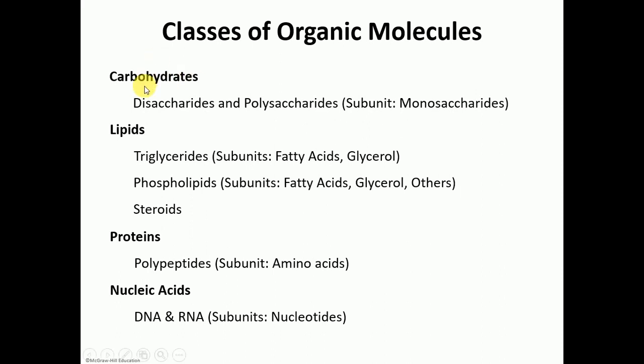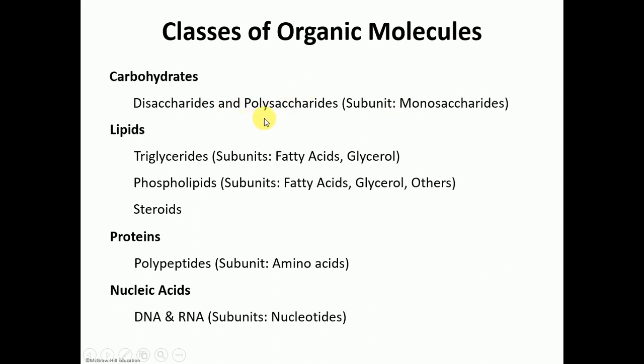So there are carbs, and under carbs we'll talk about polysaccharides, disaccharides, and monosaccharides. For each of these, you want to know the polymer, which is the bigger molecule, and what they are made out of, so what their monomers or building blocks are, and obviously the function of each of them.